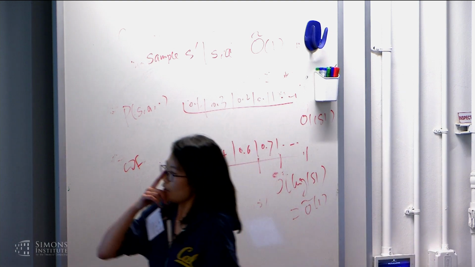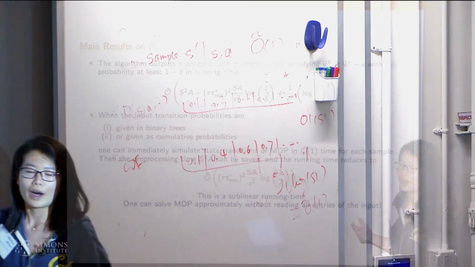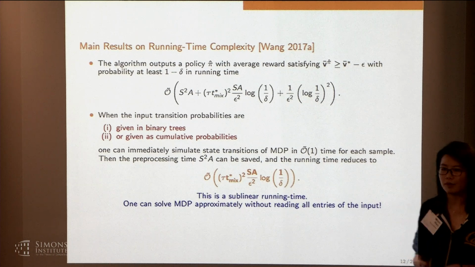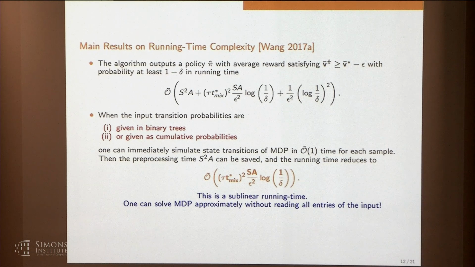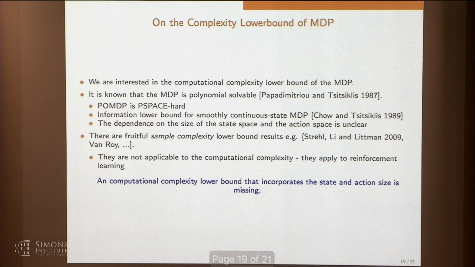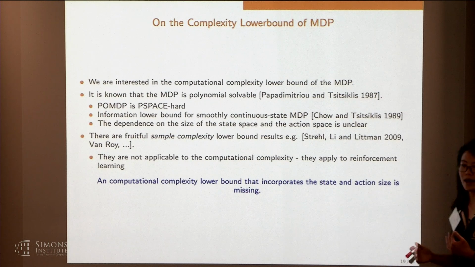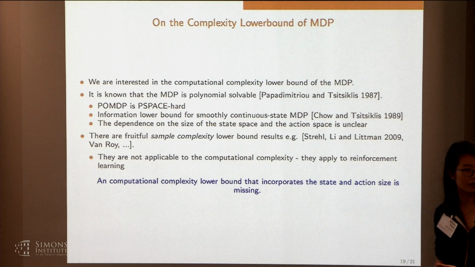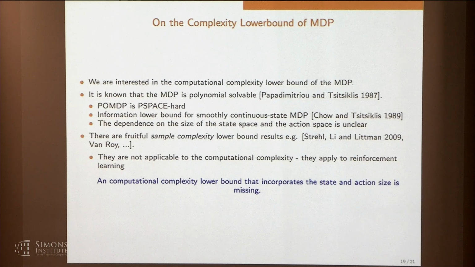However, this phenomenon is curious. Why would data structures make the problem different? That motivated me to look into the lower bound of MDP. I want to understand how the lower bound of runtime complexity of Markov decision problems depends on the data structures. I looked into the early literature on Markov decision problems, and I barely found any lower bound.